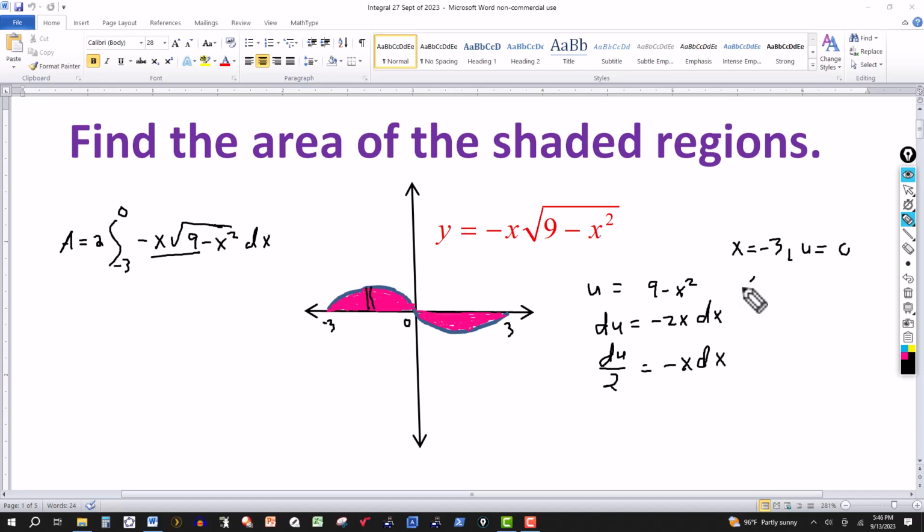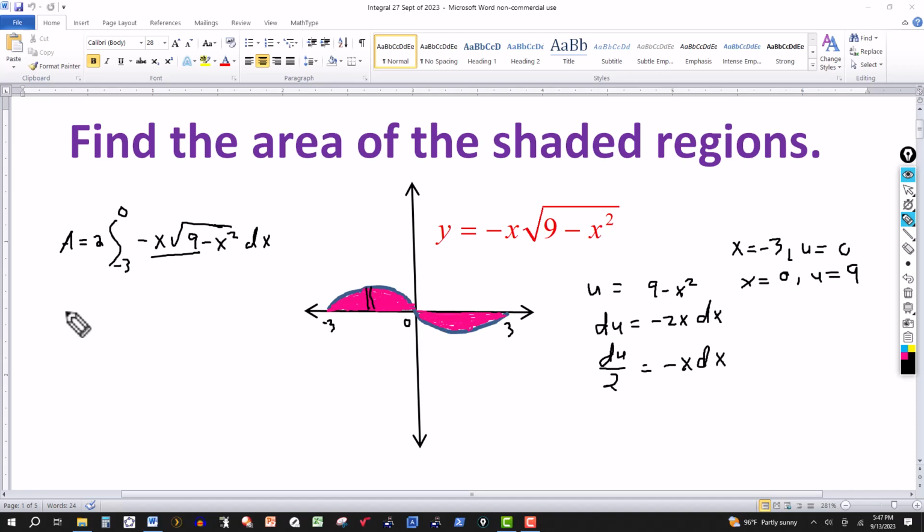And let's look at the upper limit. At x equals 0, we get 9 minus 0 squared, so u will be 9. So when x is equal to 0, u will be 9. So now using the variable u, the limits of integration would be 0 to 9.